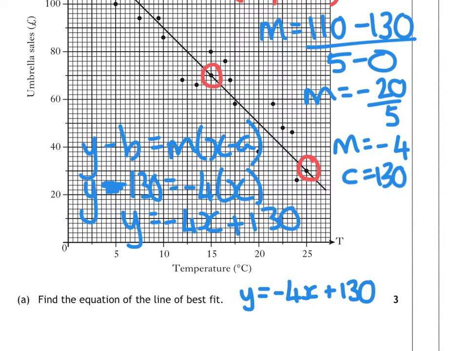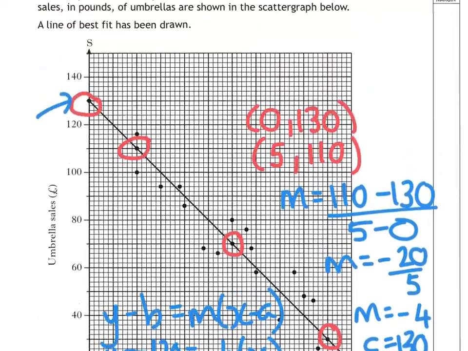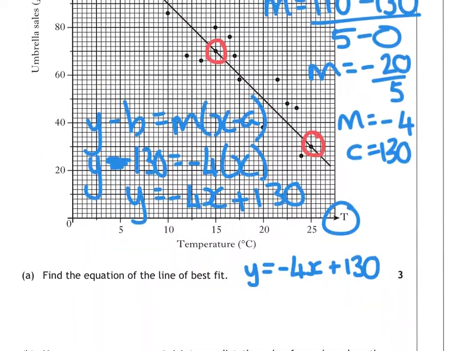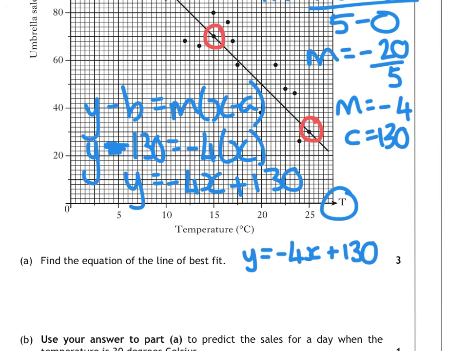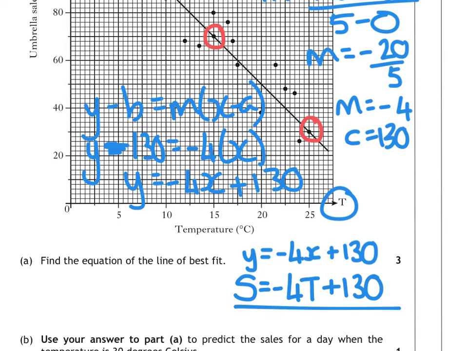Now one thing to point out is that it is not in terms of y and x. Your x has been turned into a t, and your y has been turned into an s for umbrella sales. So the formula is really a formula. So sales equals minus 4 times the temperature plus 130. That is your equation of the line.